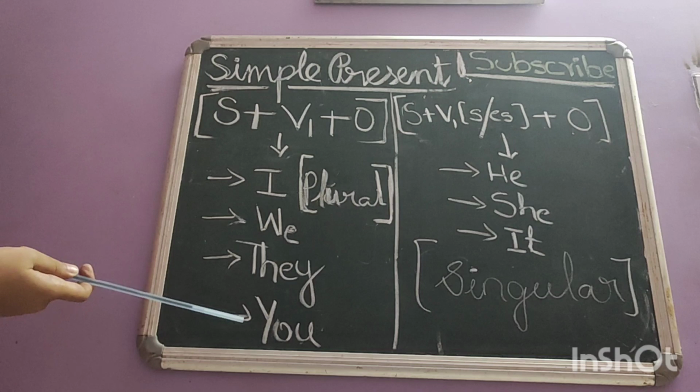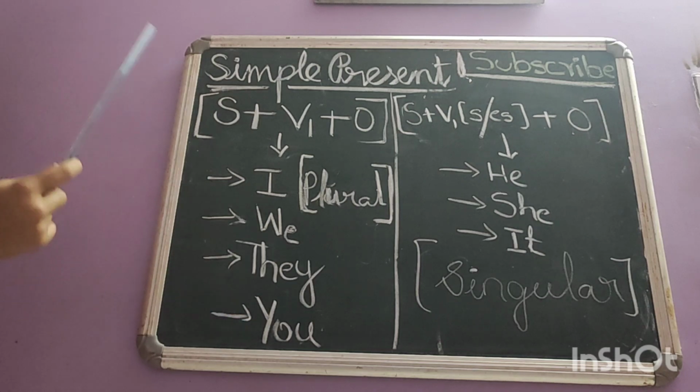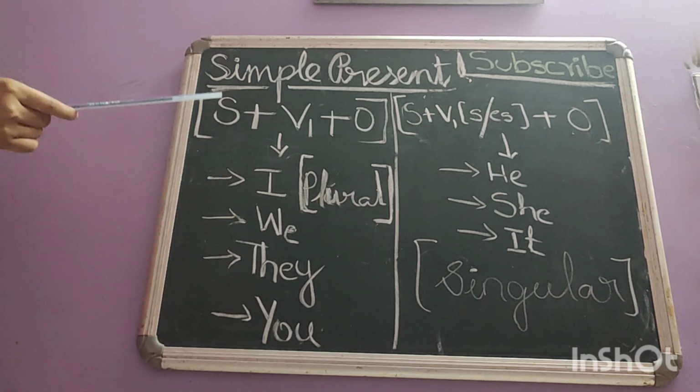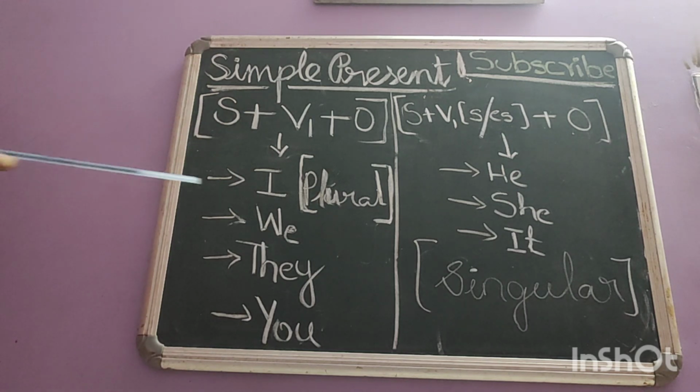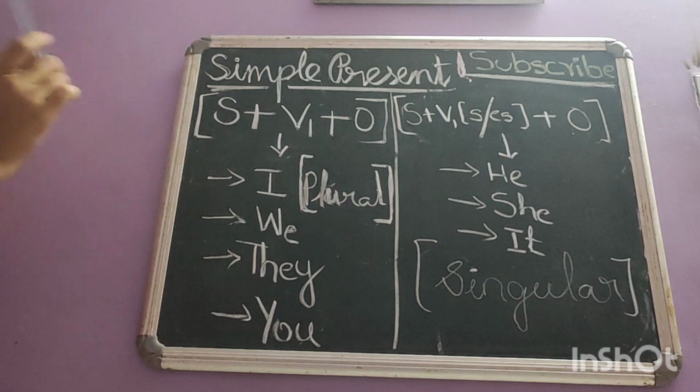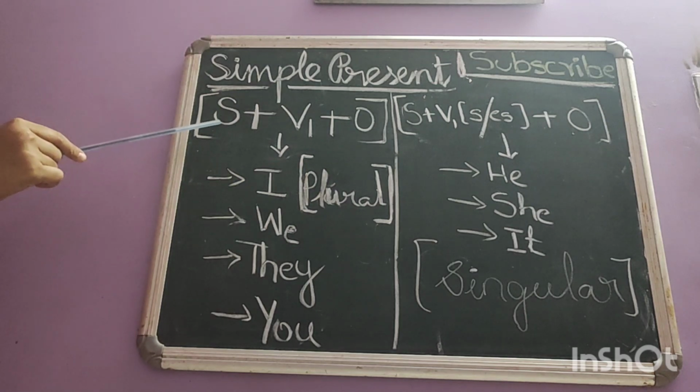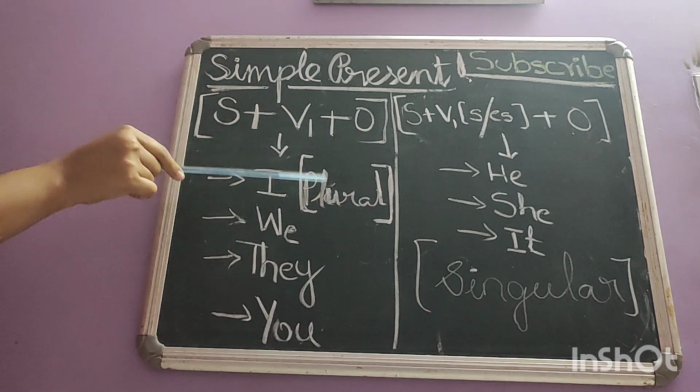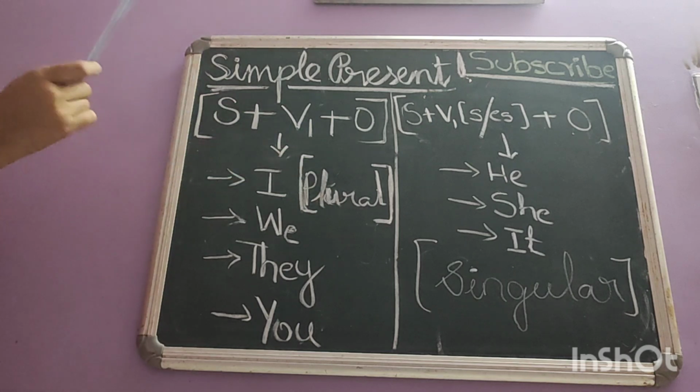And again, if I am starting the sentence with you, then I have to use this structure only. Okay. Means I, we, they, you. For these 4, we have to use this structure only. Okay. And you can see plural also. What is this plural? Means when the subject is plural, then we have to use this structure only.